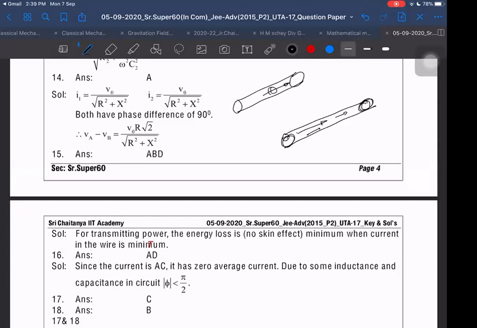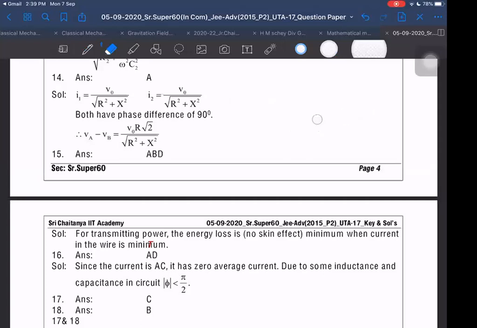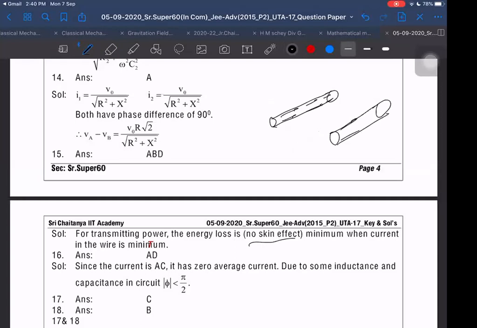When the magnetic field varies, it creates some induced EMF in such a way that the moving charges tend to go through the surface rather than through the bulk. As the charges tend to go through the surface, we call this the skin effect. This tendency of the charges to go just through the surface, not through the bulk, is called skin effect. That happens only for AC circuits.